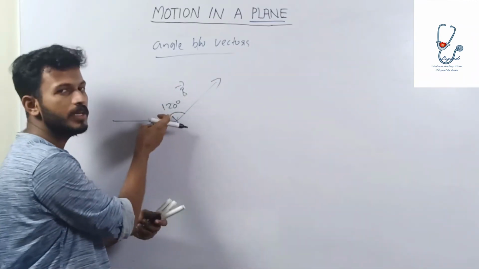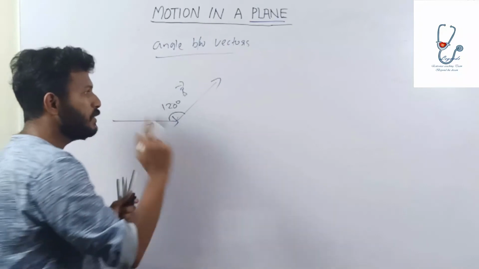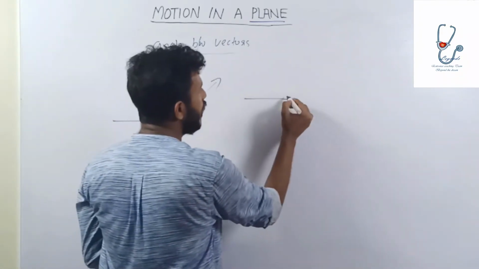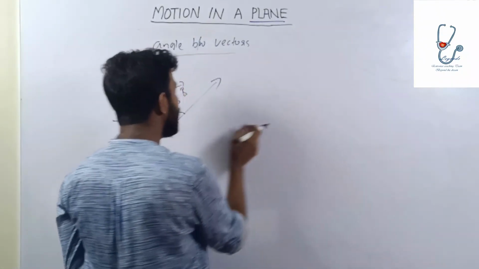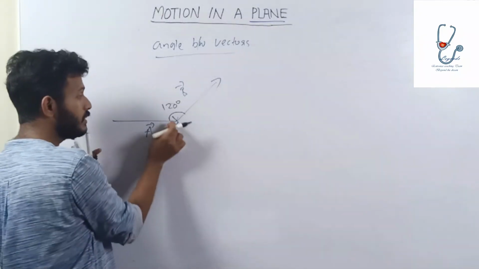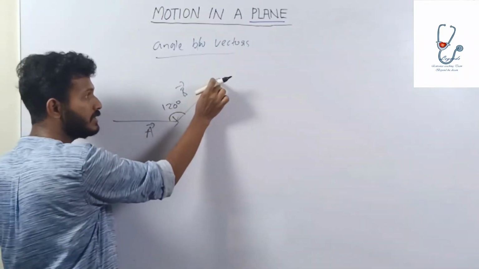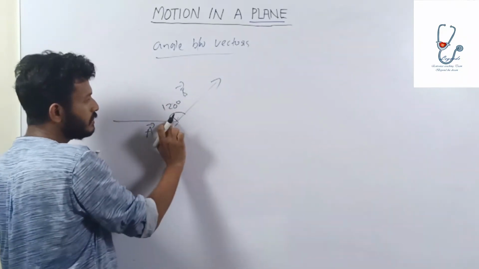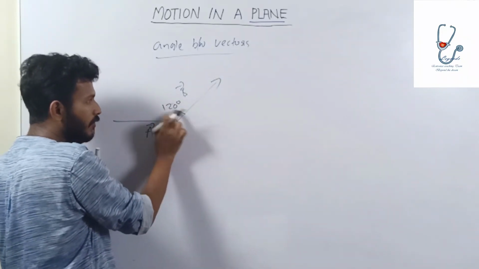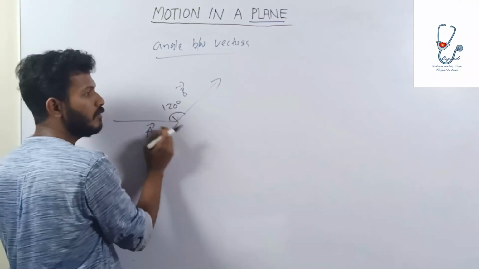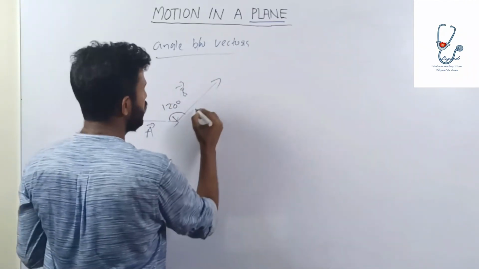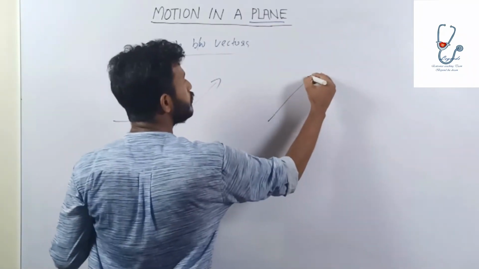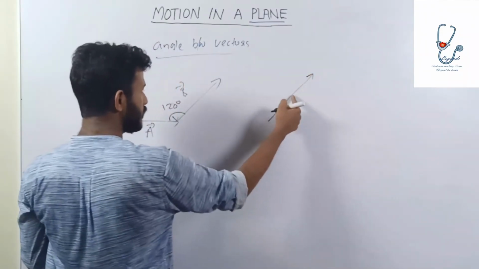Simply it is 120? No. Angle between vectors means angle between their tails. This is head and this is head and this is tail. This is head and tail angle 120 degree. So we can rewrite it like this is vector B, same magnitude, same direction.